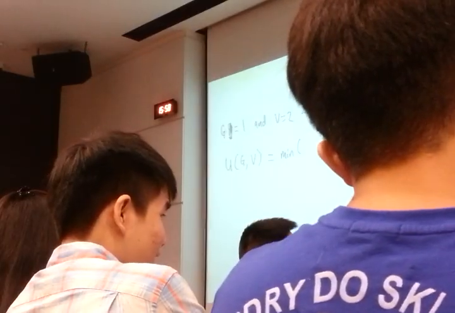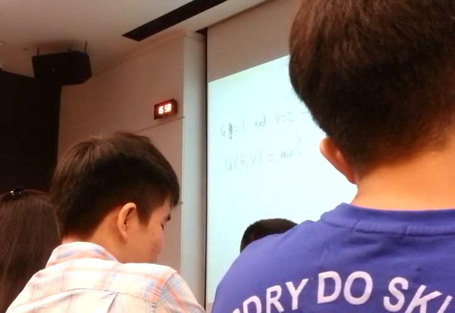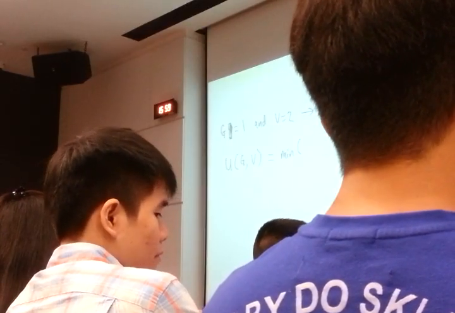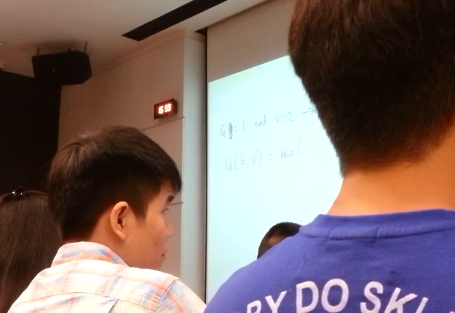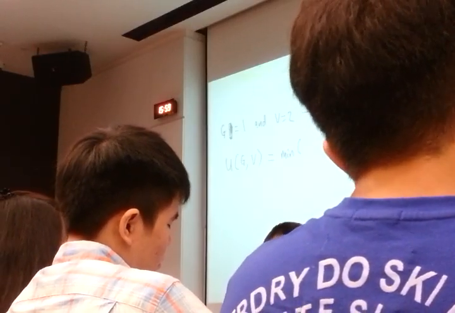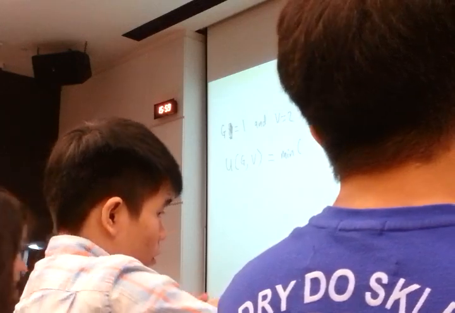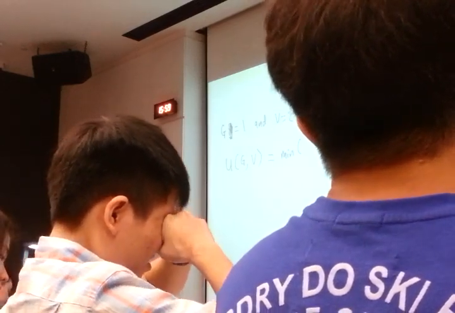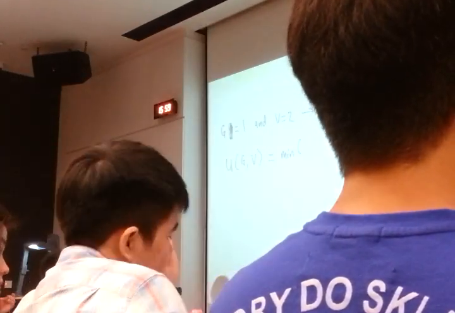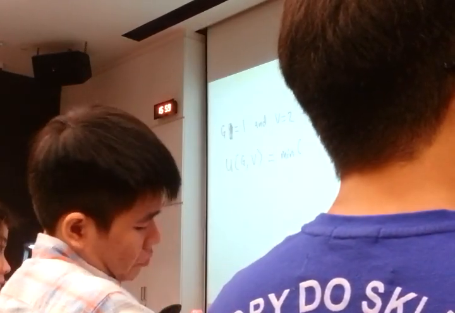V times half. V times half is V over 2 units of utility. So you can see essentially these two are utilities, and the utility is always based on the lower of the two. Clear? Lower of the two. Okay, any question?